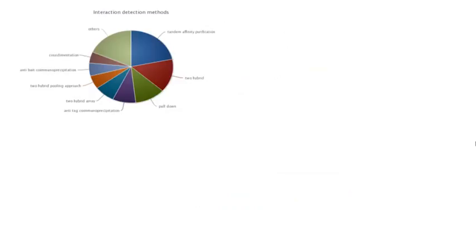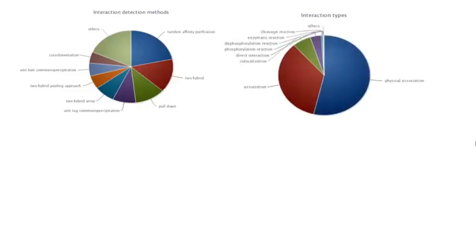The interactions in IntAct were determined by experimental technologies such as tandem affinity purification, two-hybrid, pull-down, and so on. The most common type of interaction is physical association. Other types of association are also common. Other interactions include colocalization, phosphorylation, and dephosphorylation reactions, and so on.